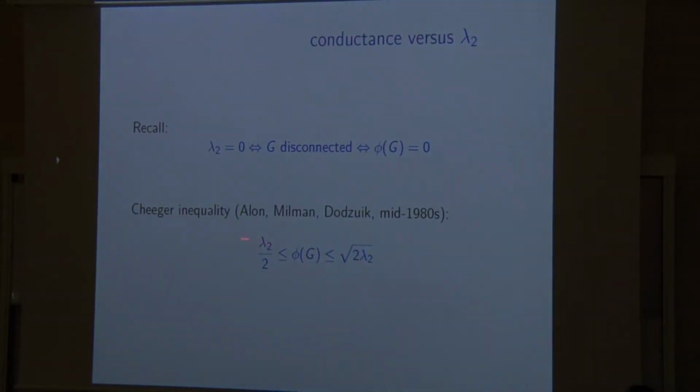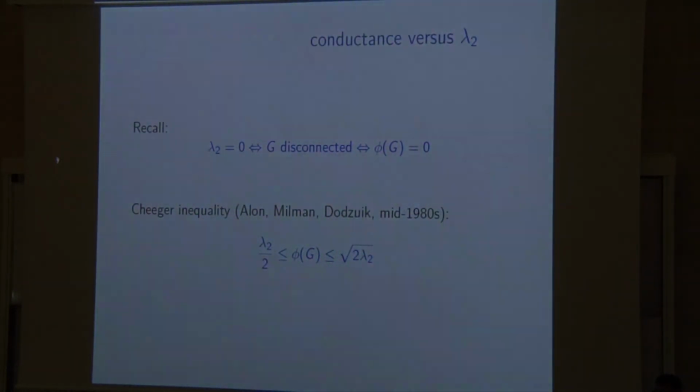One of the classical results in spectral graph theory is that there is a robust version of this connection. It's not just that the conductance is 0 if and only if lambda 2 is 0, but it's also true that the conductance is small if and only if lambda 2 is small.